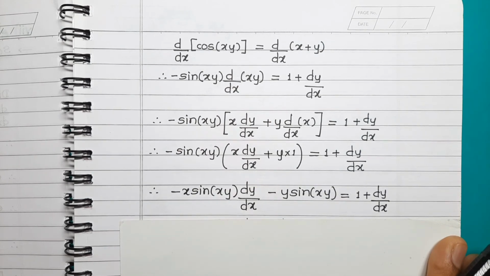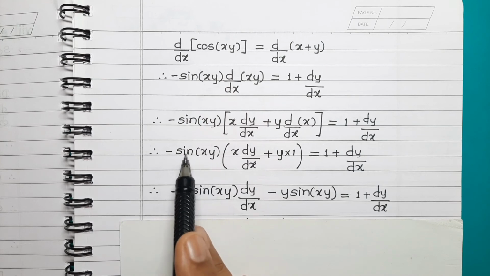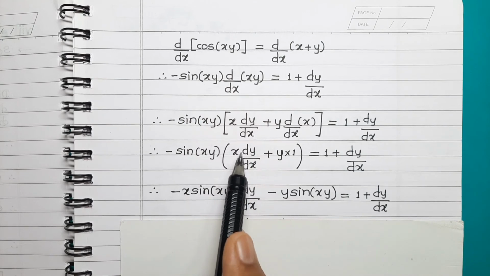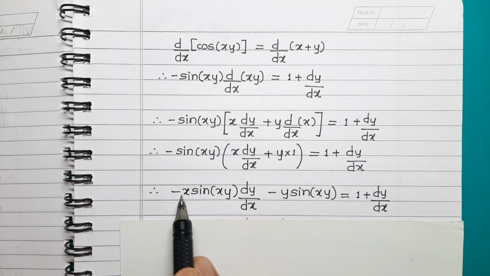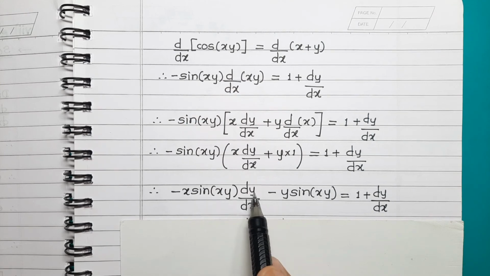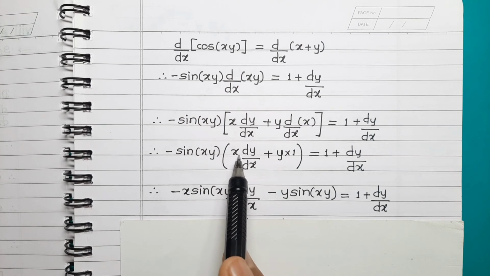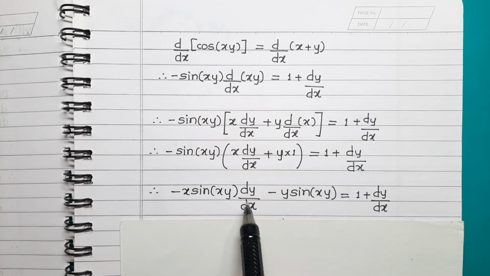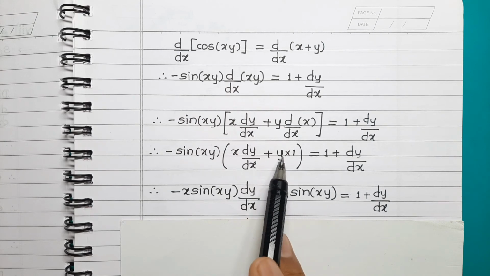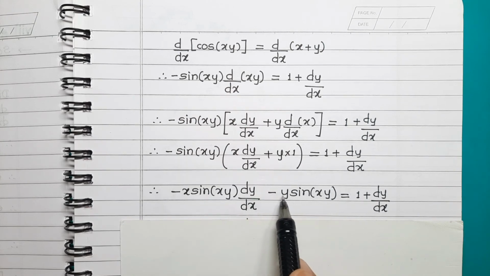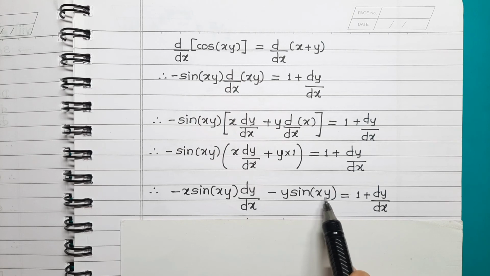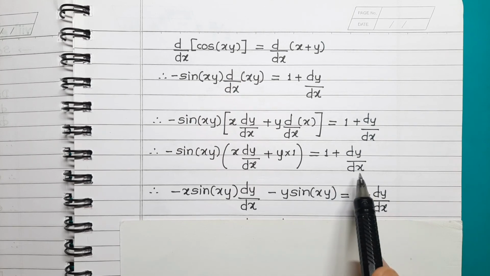So we'll get, see, this term into this first term x dy by dx, we have minus x sin xy into dy by dx. By multiplying this term to this first term in bracket, we'll get this. Then minus plus becomes minus, and y into this term. So minus y into sine of xy is equal to, again, RHS as it is.